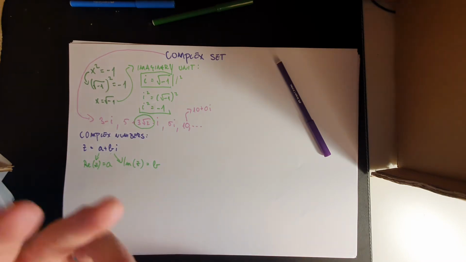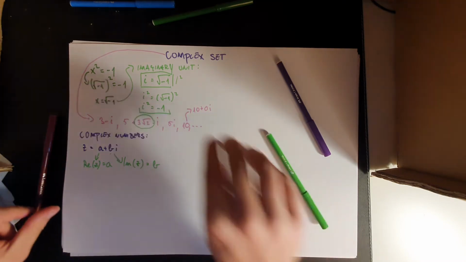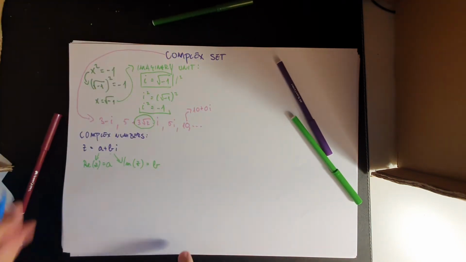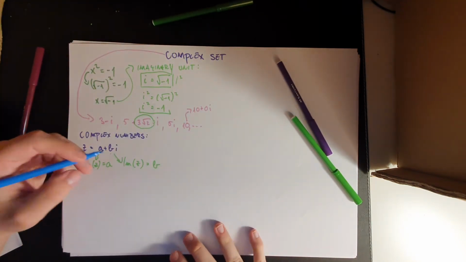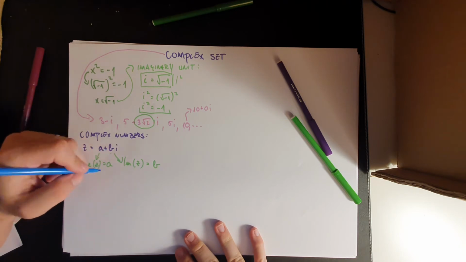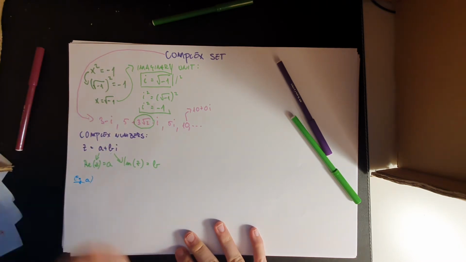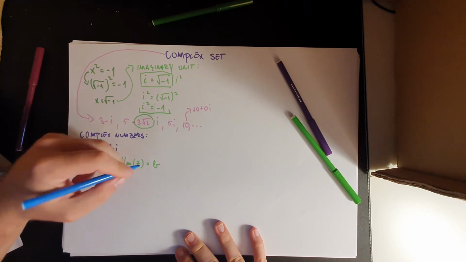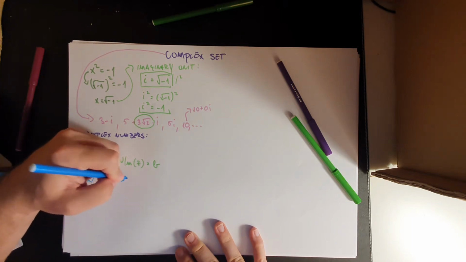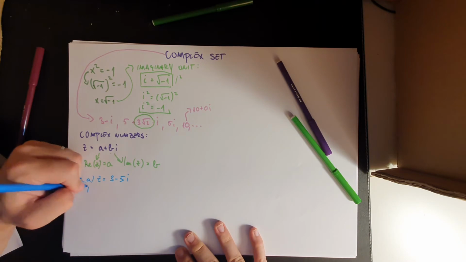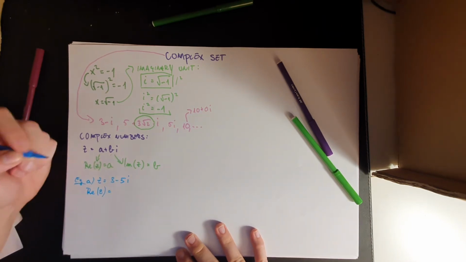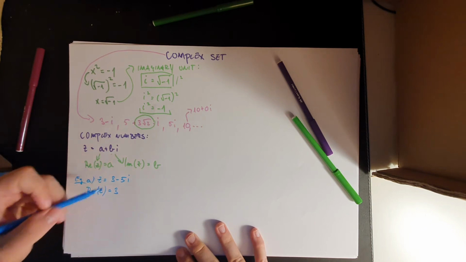So let's look at a couple of examples of what is real and imaginary in a complex number. Let's start with example A. z is equal to 3 minus 5i. The real part of number z is the number 3.